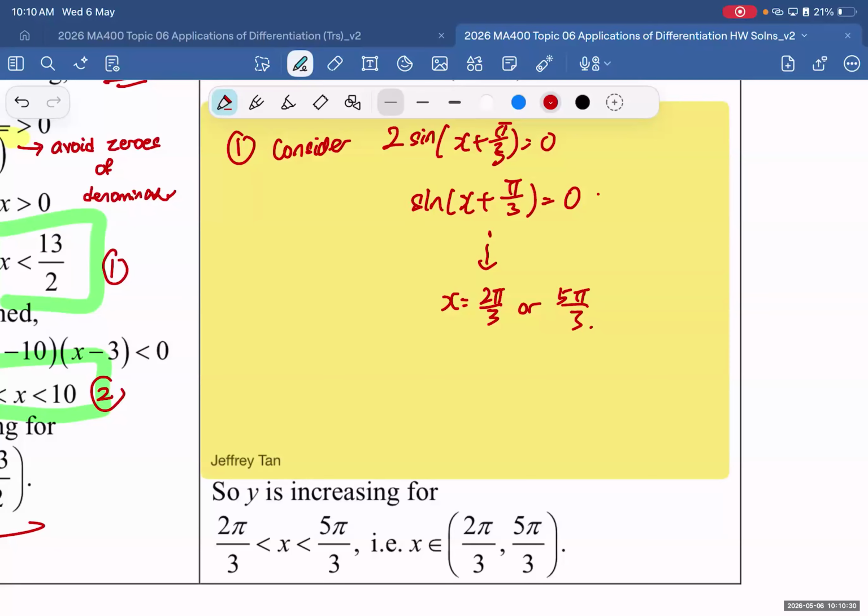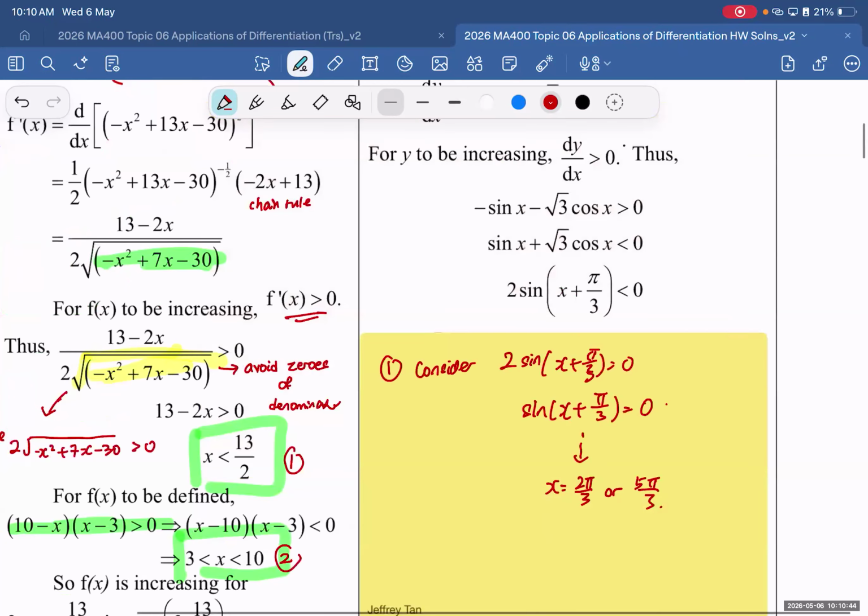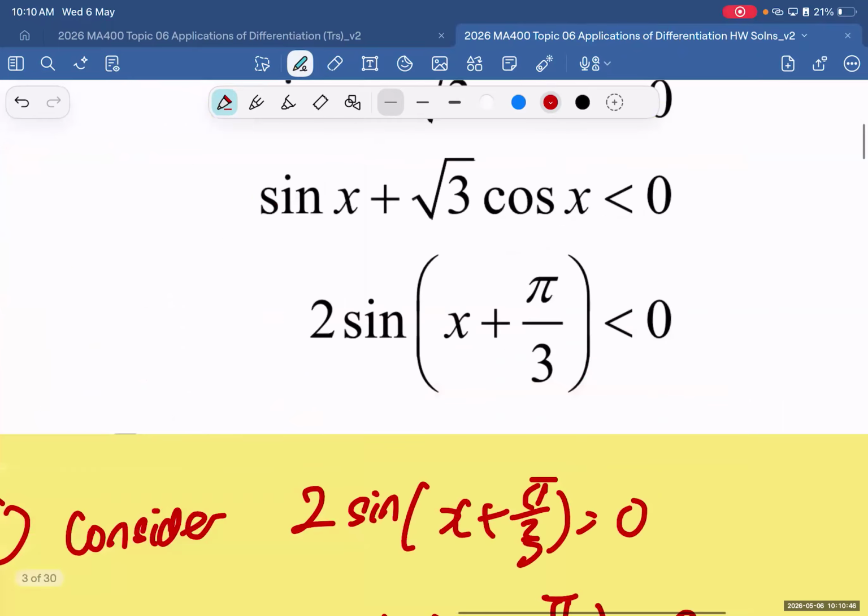Did I get it correct, Louis? Can I check 3 pi over 2 minus pi over 3? Correct. Okay. So then you all see, where is the portion where it is negative? Over here. Can you see? This is the part where the graph is negative.